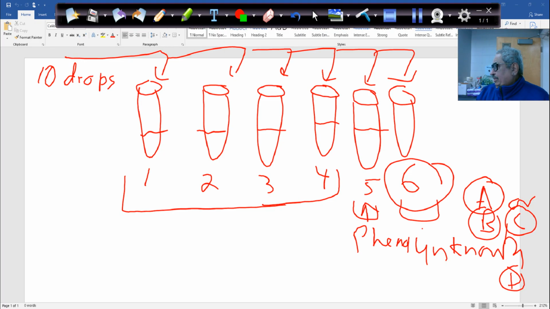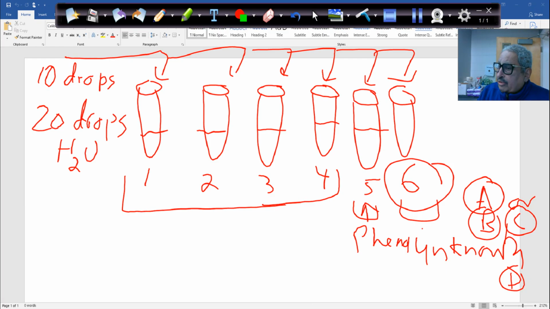The solubility, correct? You'll add H2O, 20 drops, that's 1 ml. 20 drops of H2O, the first test for all of those, including your unknown. Then you will see if it's 1 layer, that's soluble.